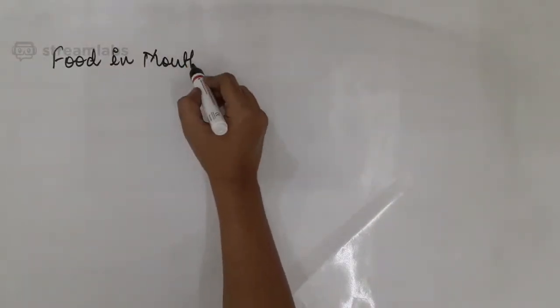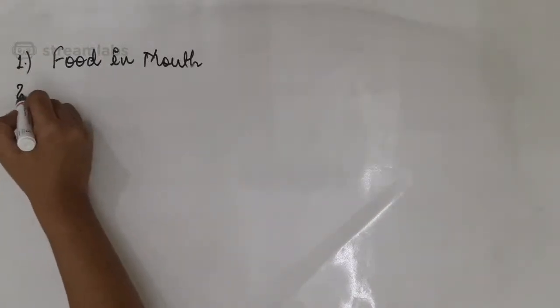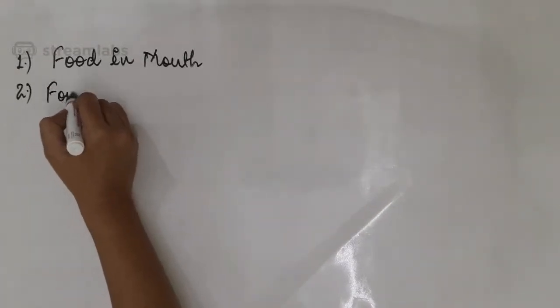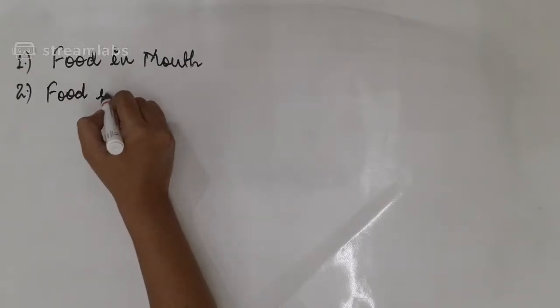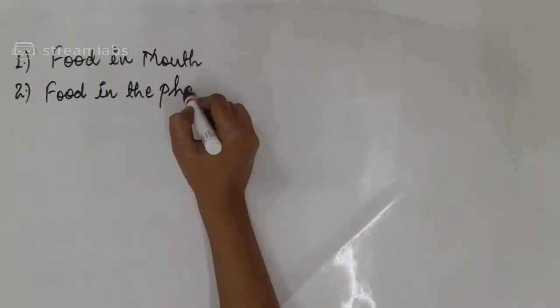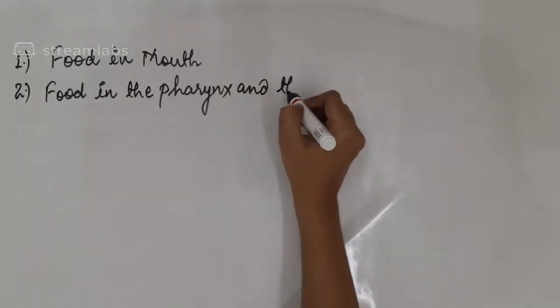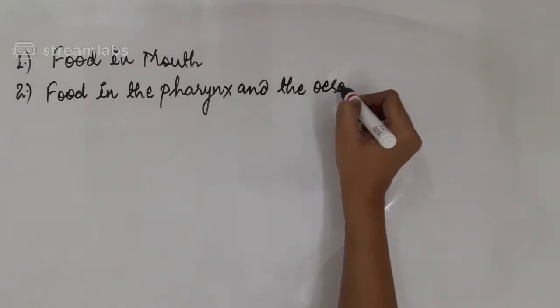The first step for digestion is about the food in the mouth. Next one is the food in the pharynx. And the esophagus or food pipe.